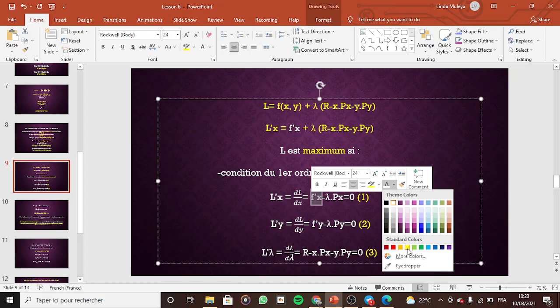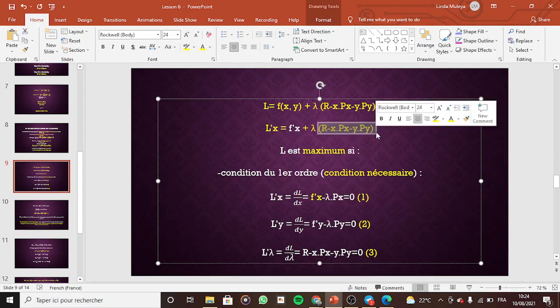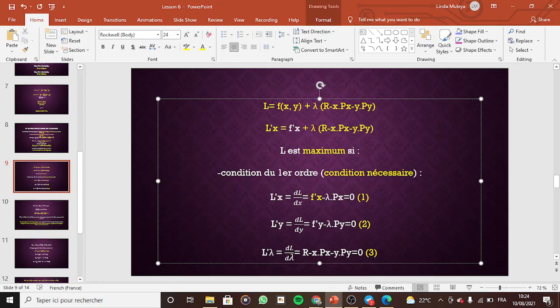I'll put that in yellow. The next thing we have to consider is this. So for now, take Lagrange as a constant, okay? A constant in terms of the fact that it won't be affected even if we are differentiating in terms of x. It will always be there. So put this in white.